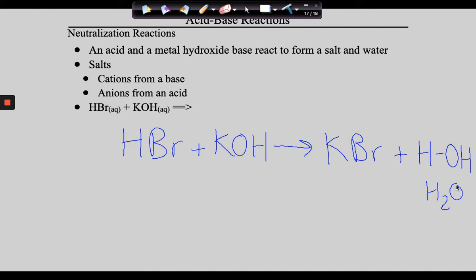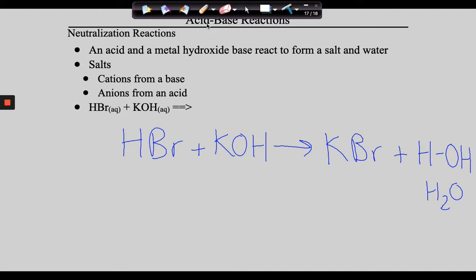Now, at this point, to write the net ionic equation, we need to get rid of the spectators. I was considering doing this first. I'm glad I chose not to. But now let's pretend like we didn't write the balanced equation. Talk to me about why bromide is always a spectator. Remember, we've got our herd, our corral.